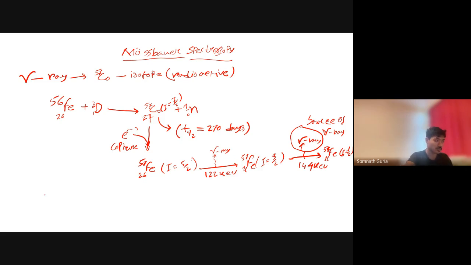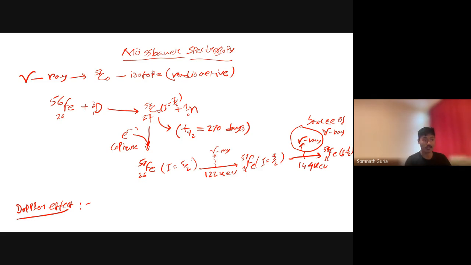What is that Doppler effect? As this is a high energetic light source coming from a particle like an iron atom, it produces a backfire, just like a gun producing a high energetic bullet that backfires in the backward direction.